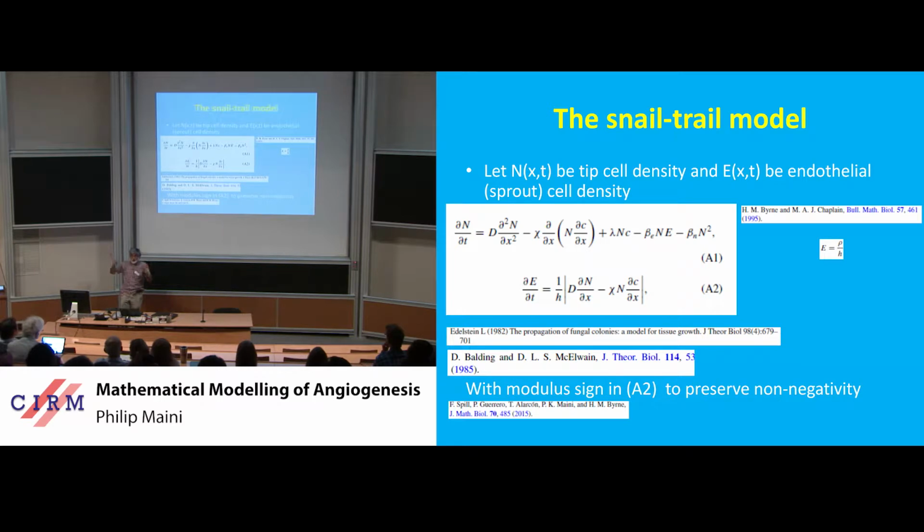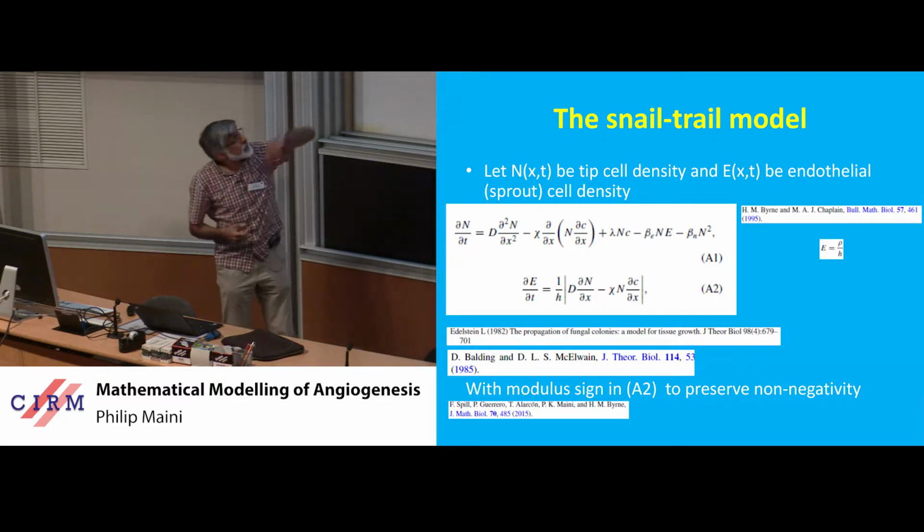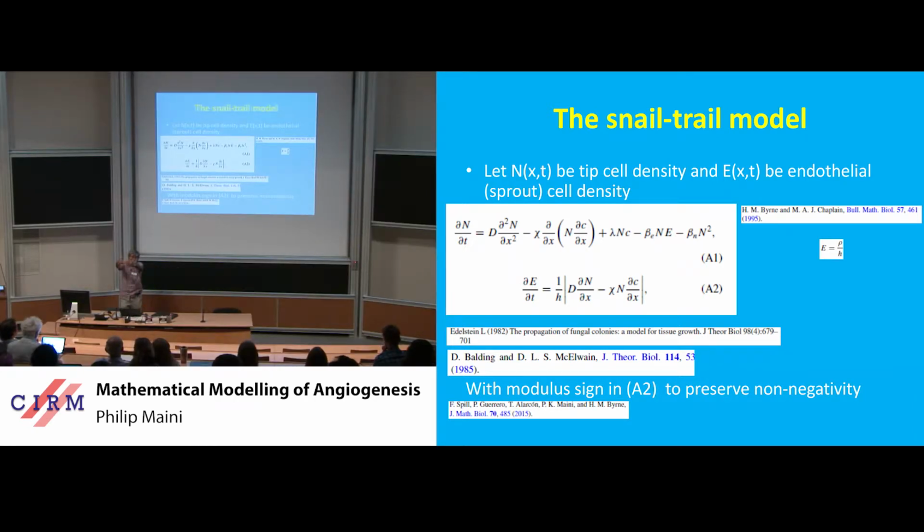That's observed experimentally. And then the beta times E is if a tip cell meets a stalk cell, then the tip cell gets lost and it's no longer a tip. And the N squared term is if 2 tip cells meet. They get lost because they come together, okay?